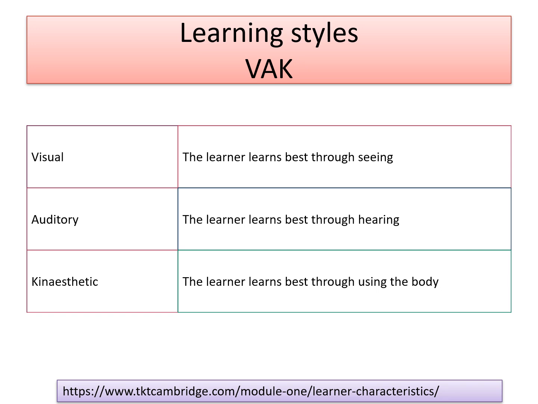But for kinesthetic learners, the learner learns best through using the body. He likes physical experience to learn. He wants to feel the object and prefers to move around while learning something. He likes to learn by doing, by experience.